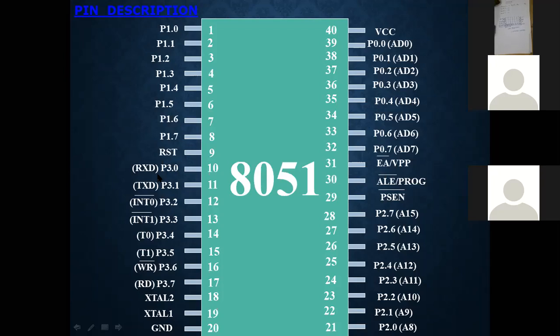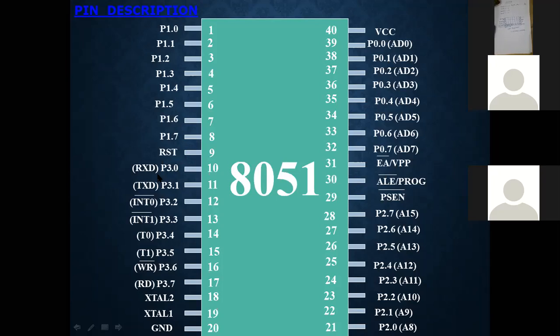And pin number 30, ALE bar oblique PROG, that means address latch enable, complement or PROG. What is the function? We'll come to that. Pin number 31, that is external access, EA bar or VPP. These 3 pins, pin number 29, 30 and 31, we'll come to the function in detail later on.